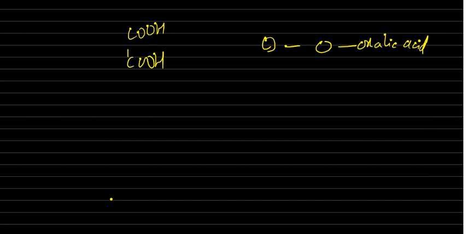In the case of aldehyde we wrote glyoxal; in the case of carboxylic acid, oxalic acid. In between 2 COOH groups, if 1 carbon, 1 CH2 group, is there, it is malonic acid.